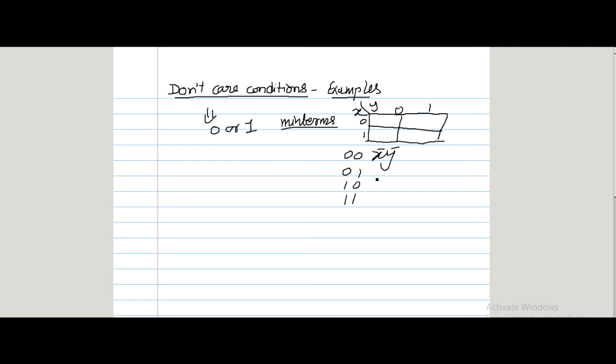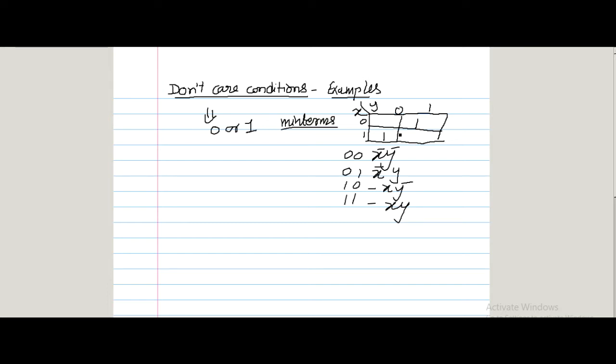So for 0 1 it is x complement y, for 1 0 it will be x y complement, and for 1 1 it is x y. So these are the minterms. If this minterm is present here, it is 1 here, it is 1 here, right? And for these two minterms we don't have any conditions.